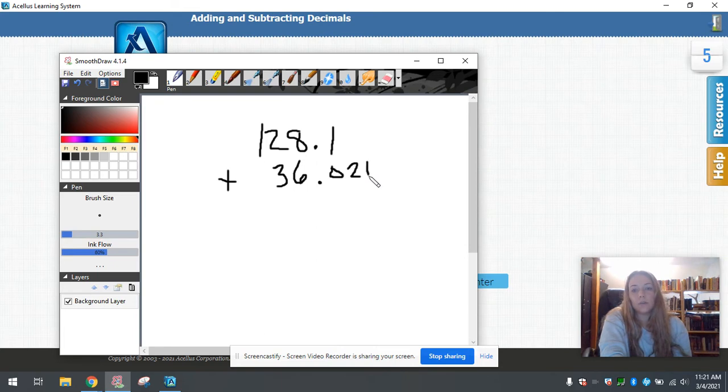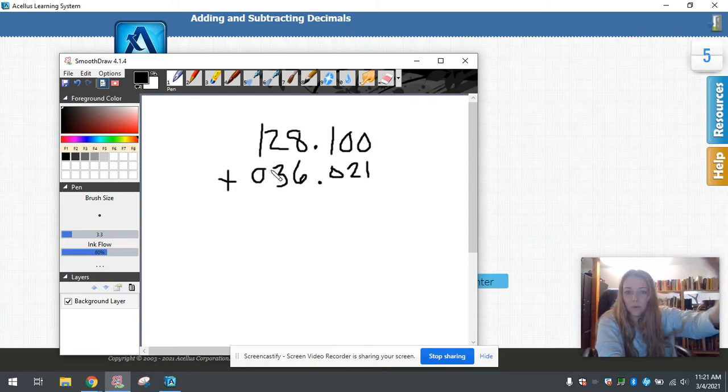I'm just going to remind you of something. When you're adding or subtracting decimals by hand, using your brain rather than the calculator, always line up the decimals. Okay, then I'll just do the zeros here. I'll add a couple zeros at the end. If I wanted to, I could put a zero here. The zeros before the whole number, like that one, don't change the value of the number.